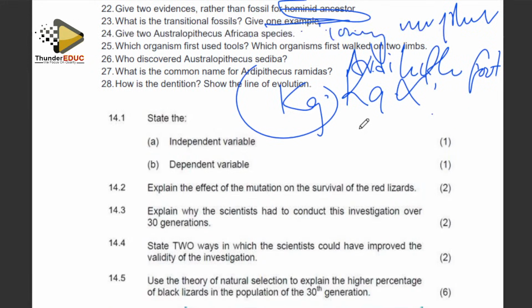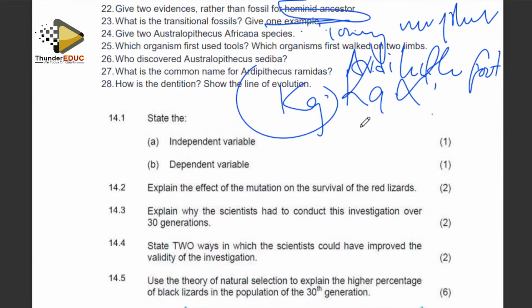So guys, don't forget this thing of dependent variable and independent variable. Explain the mutation. Okay, that was something else. I think the question is gone. Use the theory of natural selection to explain the higher percentage of lizards in the population of the fourth generation. It means that using natural selection, you start with a high number, those which survived and have beneficial characteristics, meaning they are better adapted, they survive.